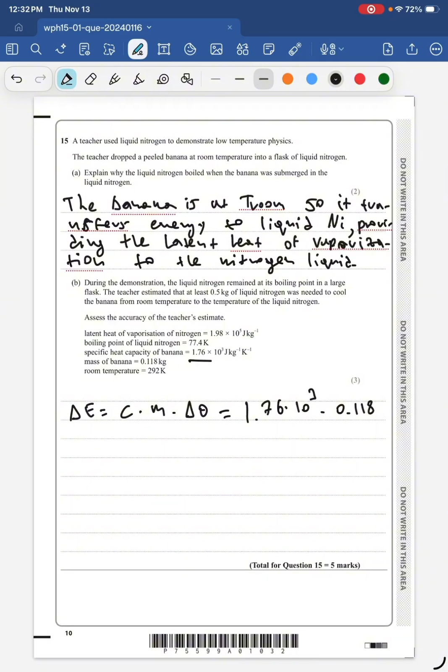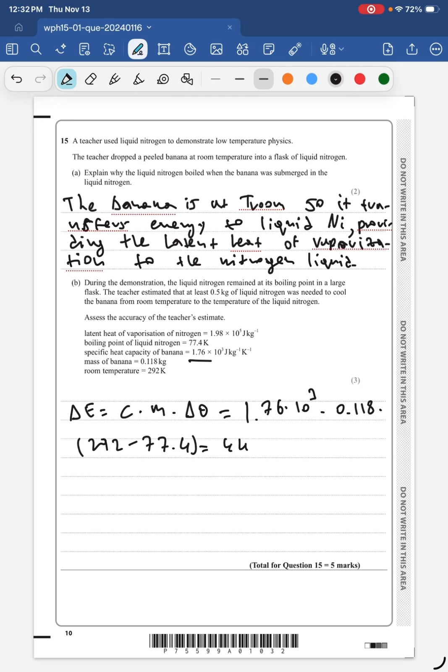So we are calculating how much energy the banana will give to the liquid nitrogen pretty much, okay? So 0.118, and then the temperature goes from 292 to 77.4.